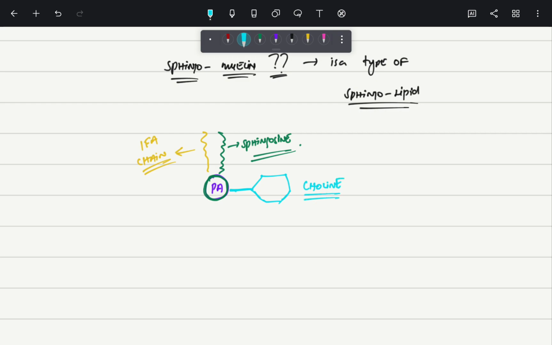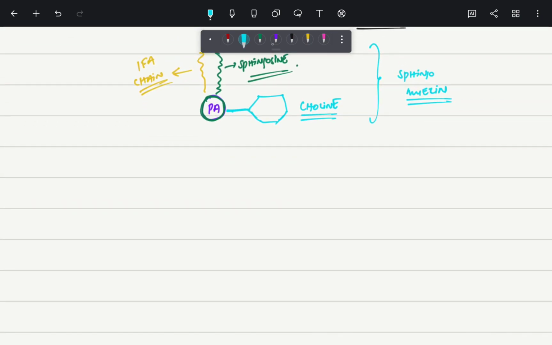Now when there is choline attached to this esterified phosphoric acid, this entire compound is called your sphingomyelin. So once again, sphingomyelin is an example of your sphingolipid.